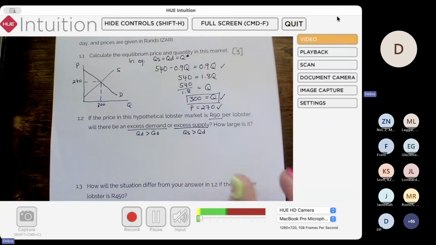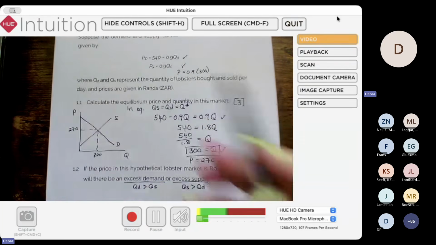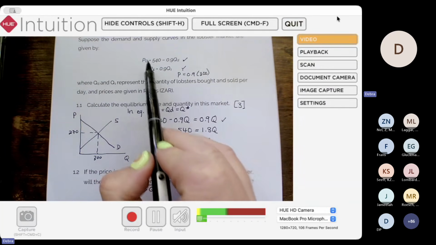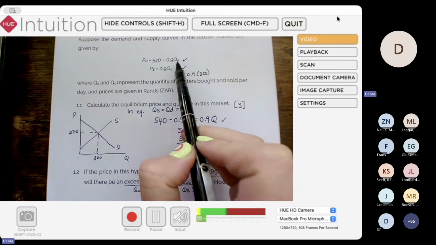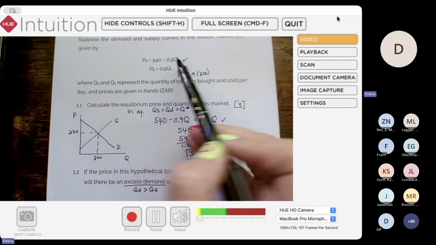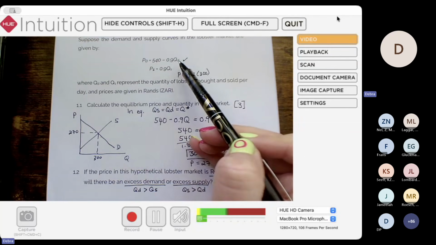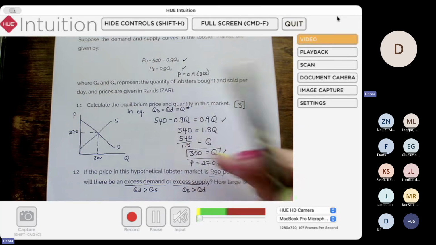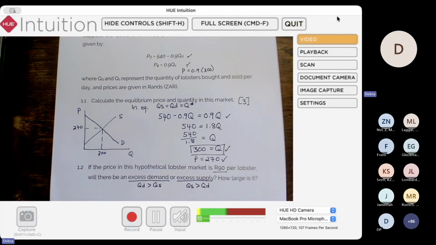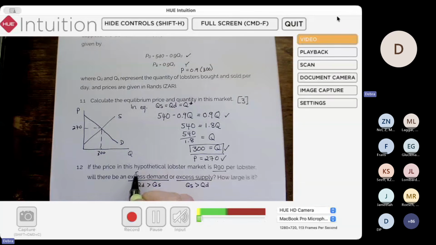So what we need to do here is sub in 90 Rand into both of these equations, solve for QD and QS, and then compare the sizes of those QD and QS values. And that will then tell us whether or not there is a shortage or surplus in this market. So an excess demand is the same as a shortage, and an excess supply is the same as a surplus.